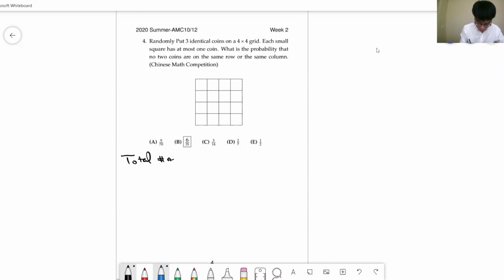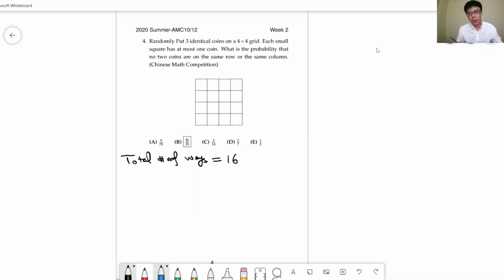Total number of ways. So we apply the multiplication principle. We consider this process as 3 steps. Each step we put 1 coin. So for the first coin, there are 16 squares. We can choose any square to put the first coin. So basically we have 16 choices, right?